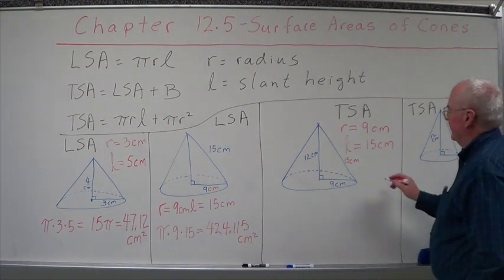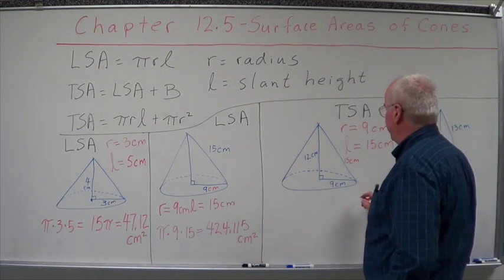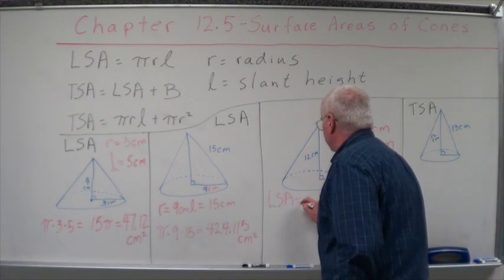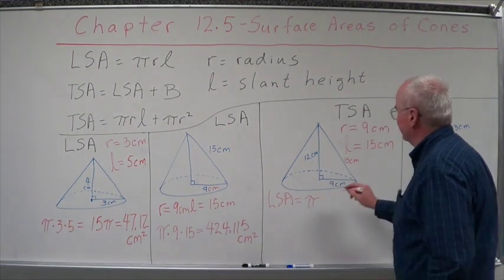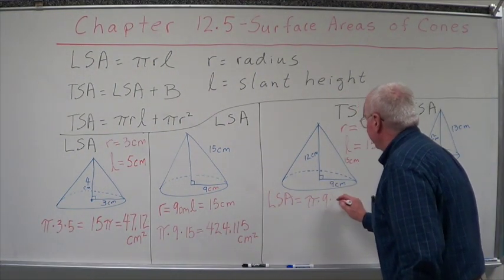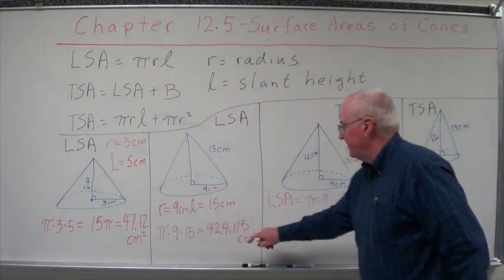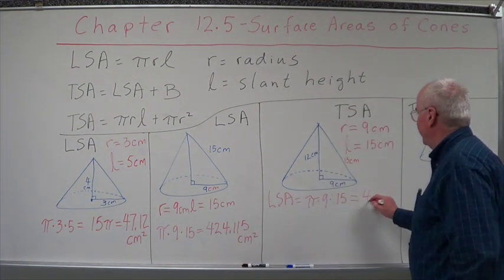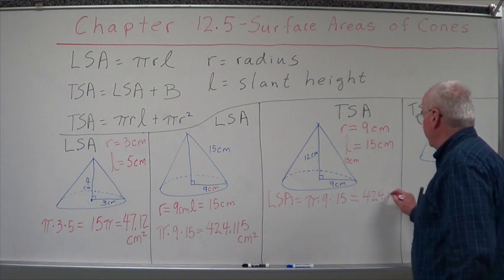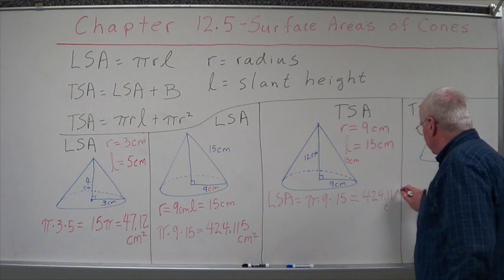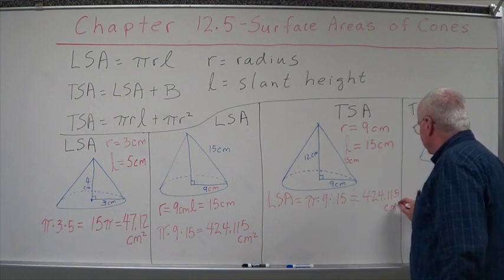Okay? Now, let's find our big B. Let's find our LSA. LSA equals pi times the radius, okay, times 15 equals. Well, we already have that down here from this one. So that's 424.115 centimeters squared.